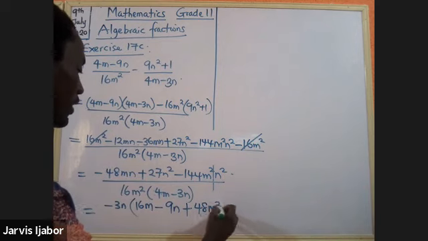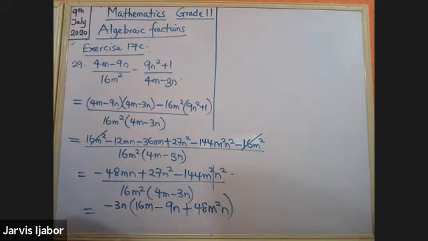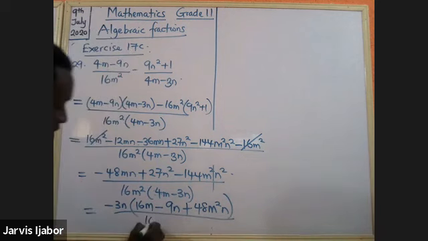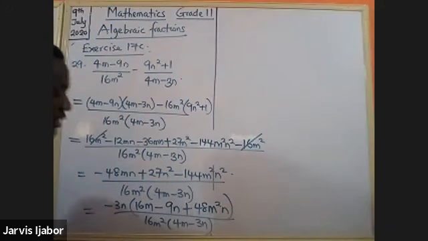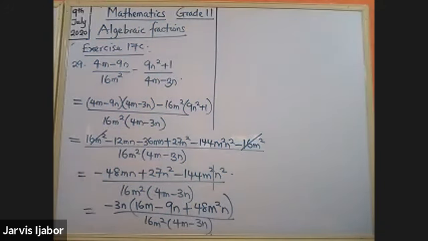M squared n divided by what? 16m squared into what? 4m minus 3n.